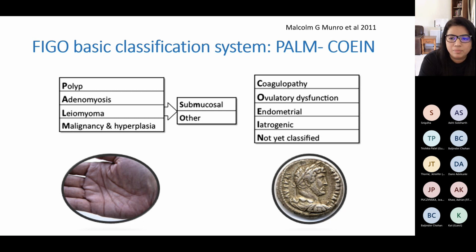Yeah. So then the O in COEIN is for ovulatory dysfunction. And this is where the whole anovulatory cycle part of it falls in the PALM-COEIN classification. So it can affect regularity, because if you don't have ovulation, you don't have the fixed luteal phase of the cycle, then you don't have menstruation that is going to start in a regular way.